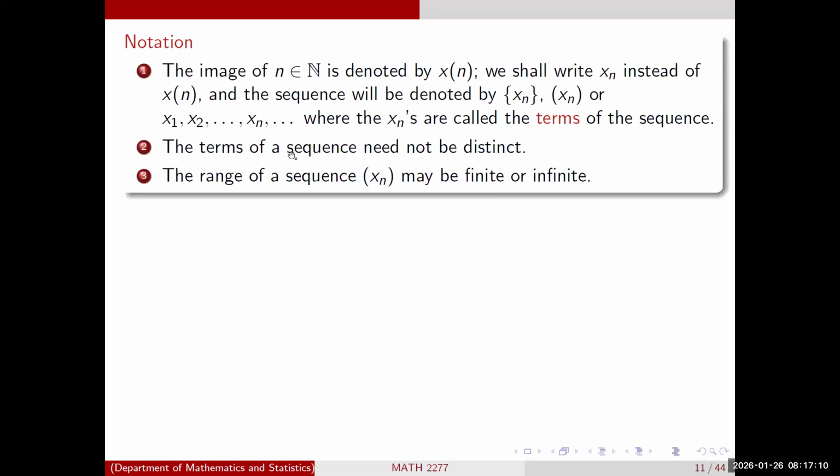This is what we just went through. The terms of a sequence need not be distinct, so the outputs may not be different. And they're saying here the range of a sequence may be finite or infinite. The range of a sequence is simply those numbers in the sequence, the output.